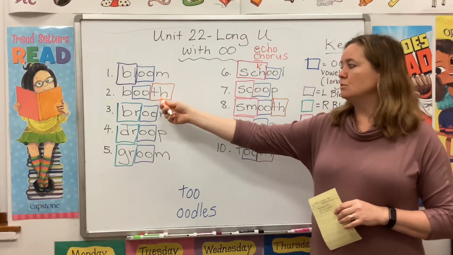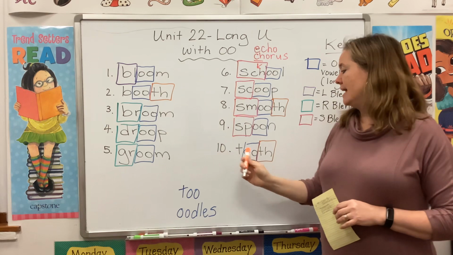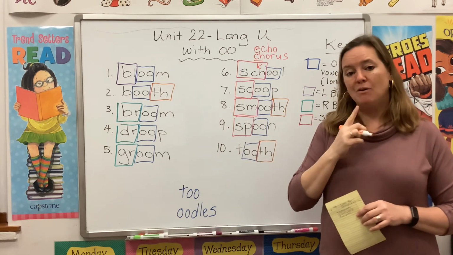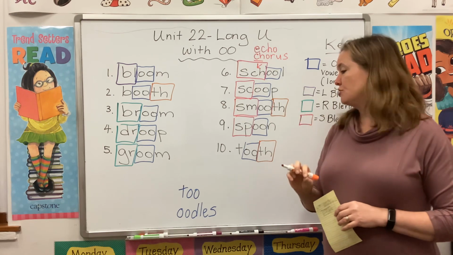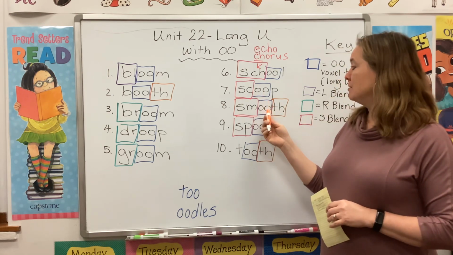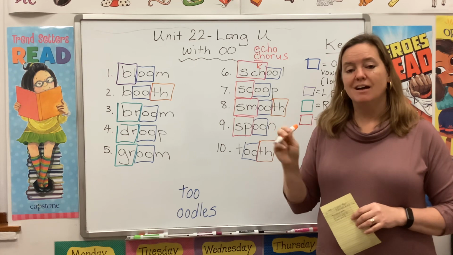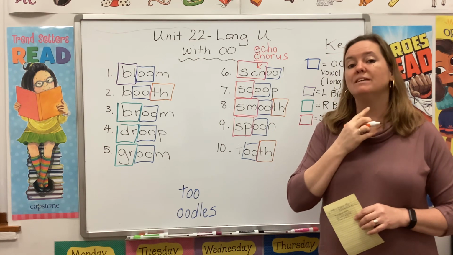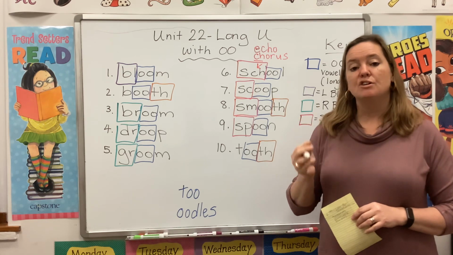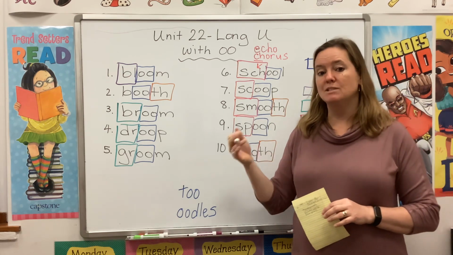When I pronounced booth and tooth, my mouth looked the same, right? I was sticking out my tongue. Booth and tooth. When I pronounced smooth, I looked the same. I was still sticking out my tongue, but my voice was on. It turns out there are two ways to pronounce TH.